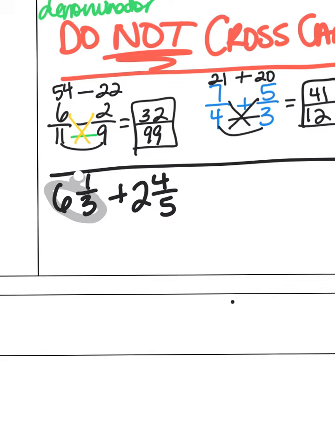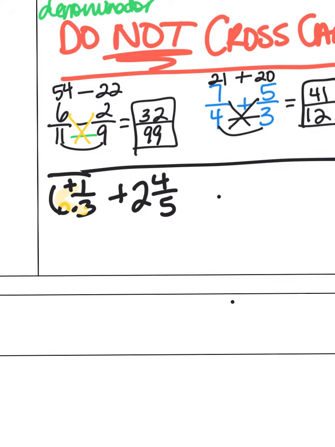So what that really means, oh, look what I did. Sorry about that. Let's try that again. Okay, 6 1/3. It means that I had 6 whole sets of 3 plus an extra one. So what you're going to do is you're going to multiply 6 times 3 plus 1.